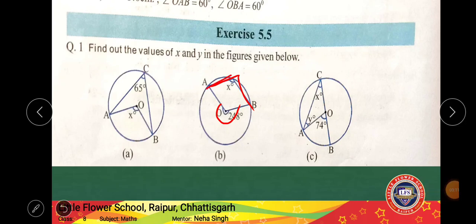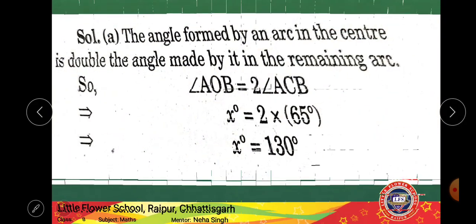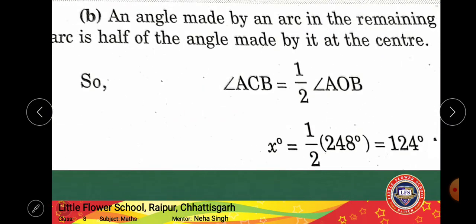In the first question we knew the arc angle and doubled it, because the angle at the center is double the arc. Now here the angle at the center is given, so the arc will be half of it. To find the angle at the arc, we will divide angle AOB, 248 divided by 2. So the answer is 124 degrees. Okay.